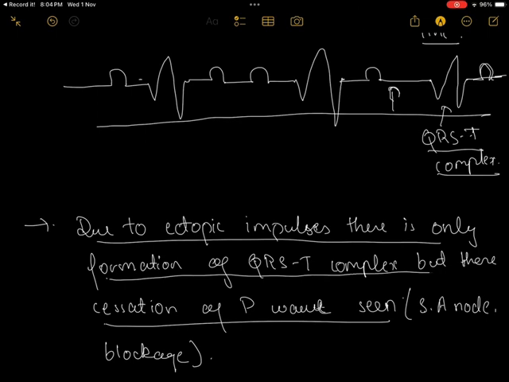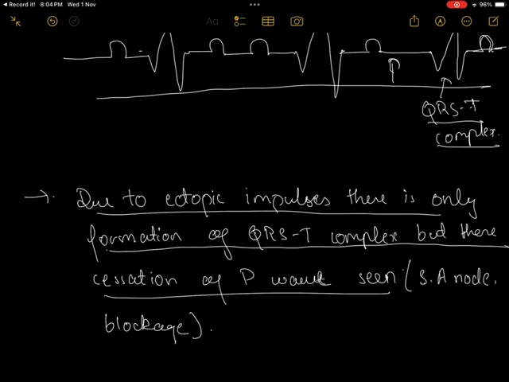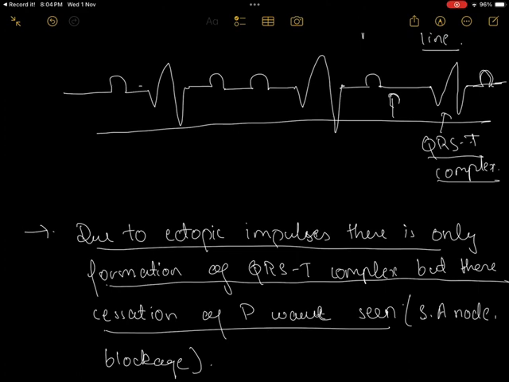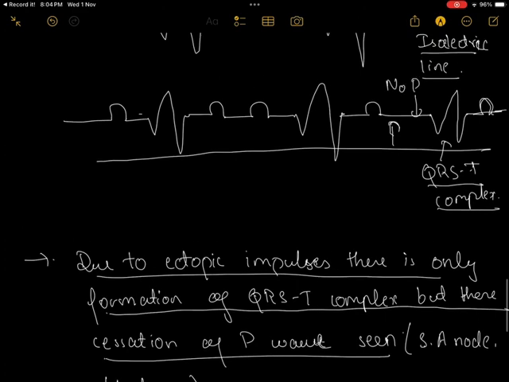So due to this, there is a formation of only QRST complex, but there is a cessation of P waves seen, means there is no formation of P waves seen here. I have not got enough space here, so I'll write only this much. So there is no P wave seen here.